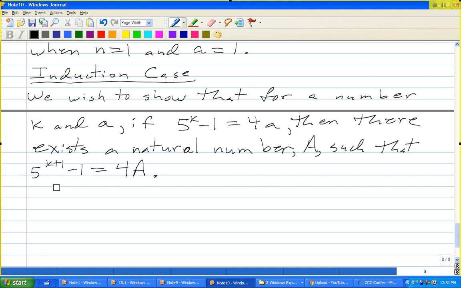By the induction hypothesis, we have that 5^k minus 1 is equal to 4a. So for any natural number k, we assume that there exists some natural number a such that 5^k minus 1 is equal to 4a. Let's add 1 to both sides. And so this says that 5^k is equal to 4a plus 1.